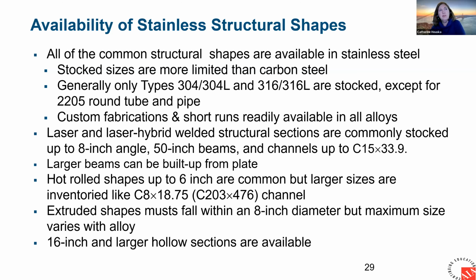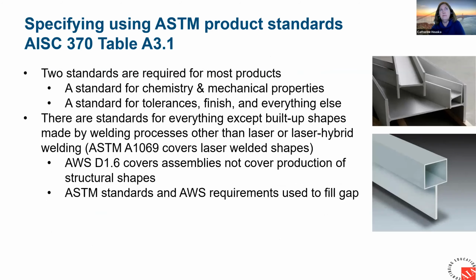Hot rolled shapes generally come in up to 6-inch sizes, but larger sizes are sometimes available. Extruded shapes generally have to fall within an 8-inch diameter, but that maximum size really varies with the alloy as to what can be obtained. Hollow sections are very readily available because of their use in various industries.